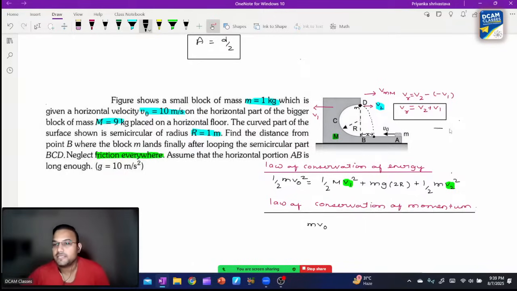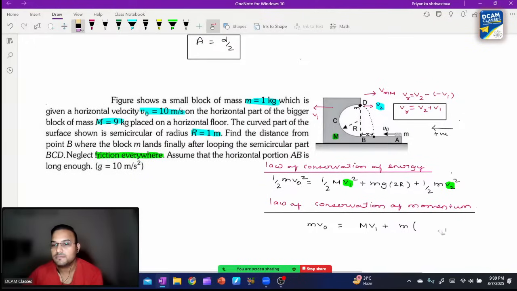I'll specify the direction and let's take this direction as positive. So mv naught, initially capital M did not have velocity. Later capital M into v1 plus small m into, we want VR, so I'll write VR minus V1.